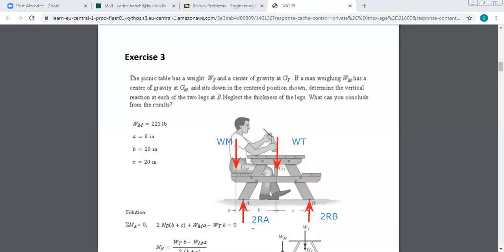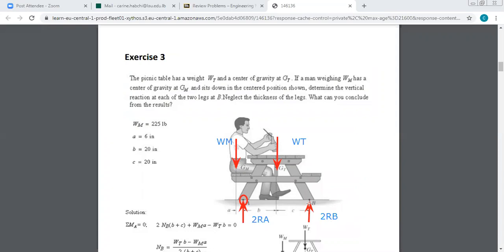But since we have another unknown, the reaction at A, it is a good idea to take the sum of moments about A, because the reaction at A will not have a moment. So we only have the moment of the resultant of the two legs at B.